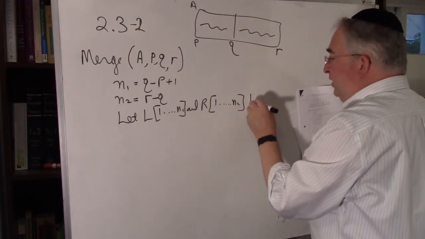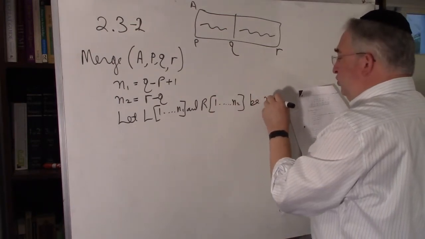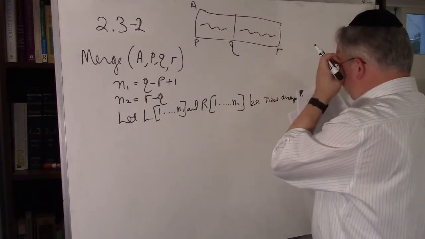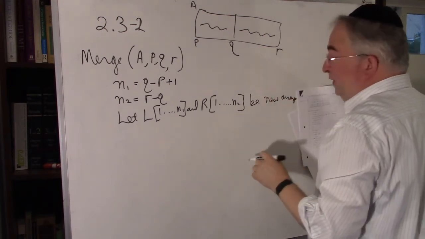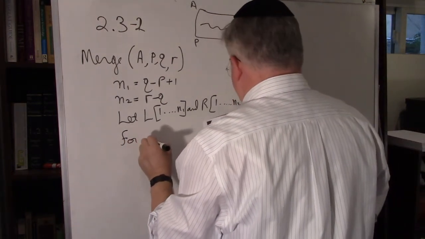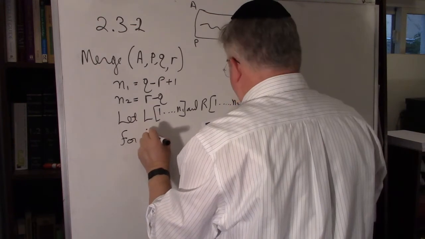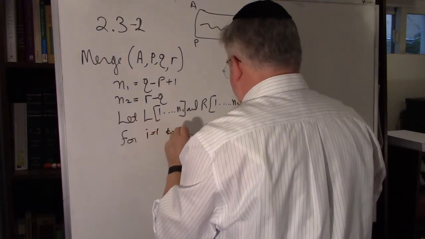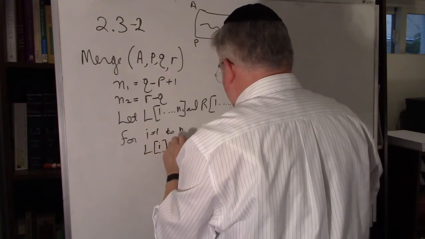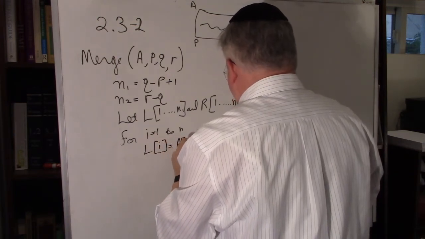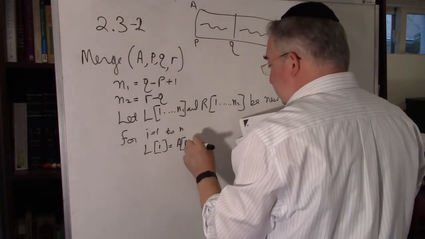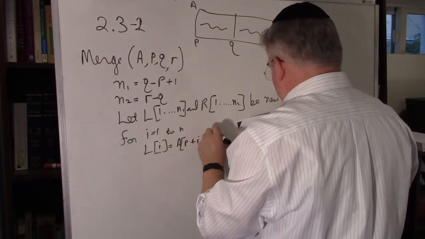First things first, for I equals 1 to N1, L of I equals A of P plus I minus 1.